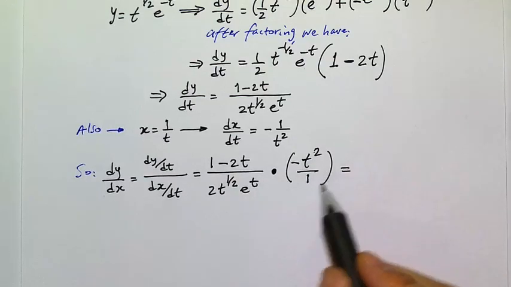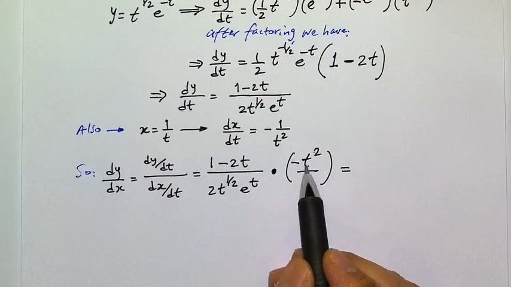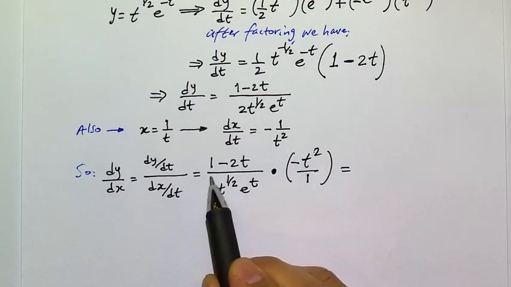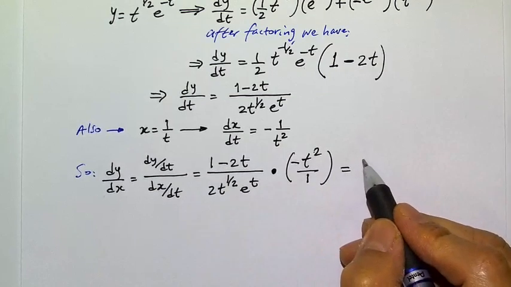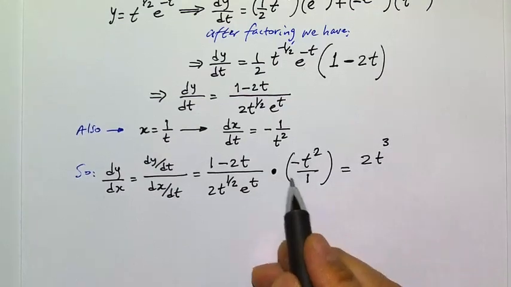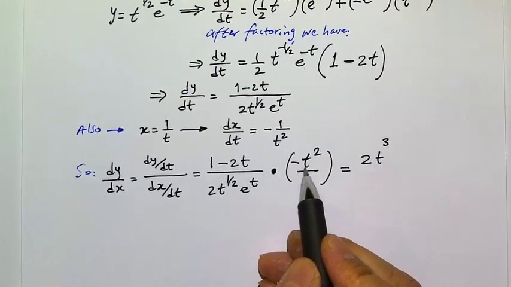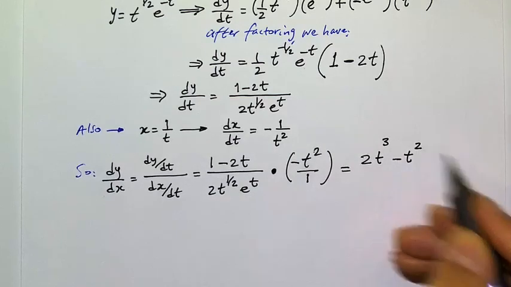So what we will get is, just distributing this into that, minus times minus is positive, so I'm just going to write it first here, positive 2t cubed, right? And then multiplying this by 1, we get minus t squared.